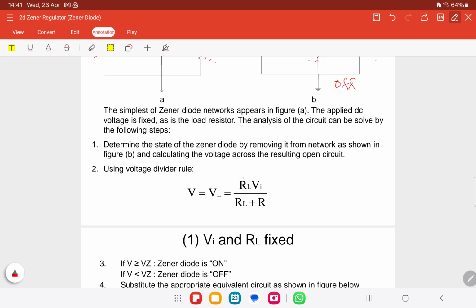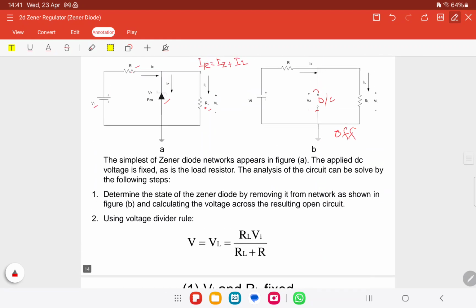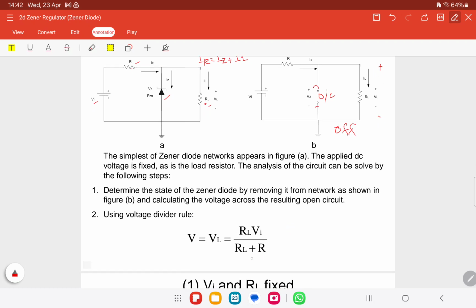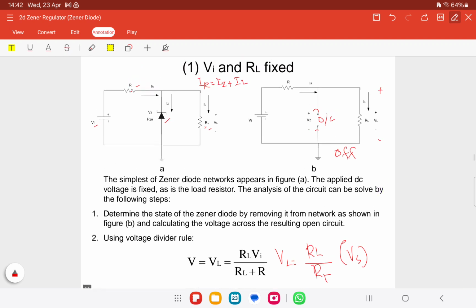We need to measure the value of VL here. For this we use the voltage divider rule: VL equals RL over R total multiplied by the voltage supply. We consider as if there is nothing here because we want to get the value of VL.